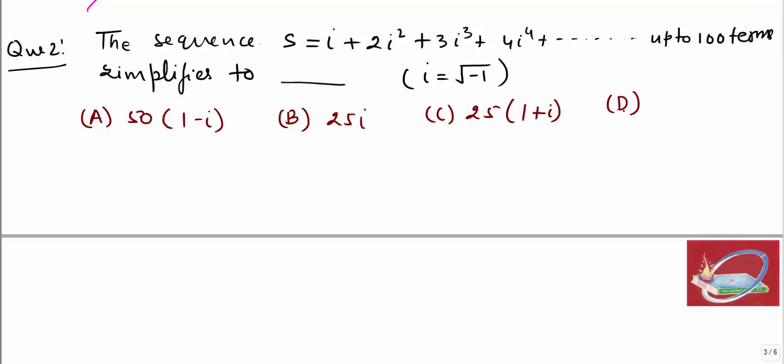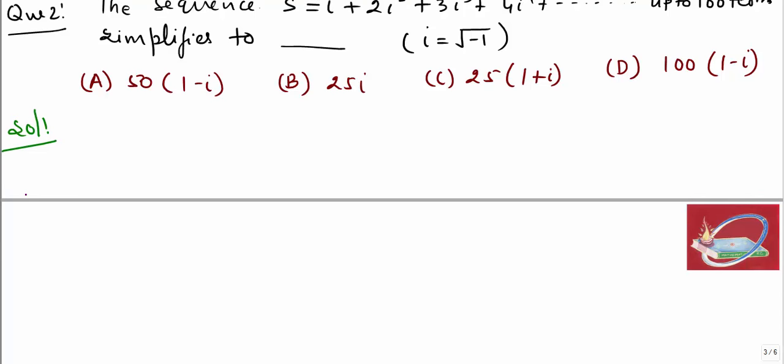D option, 100 times 1 minus iota. When we can simplify it to a number, it's better to have some options here. So you can choose any one of them. Only one answer is correct. You can solve it on your own first, then you can look at the answer.